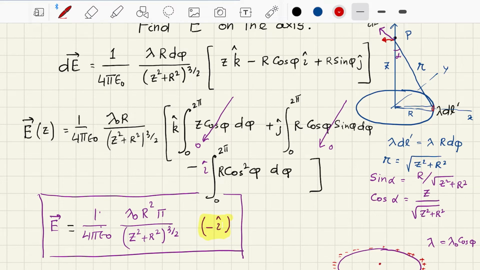Even at the center, it would have been like a dipole. One side is plus, one side is minus, so it would be pointing in this direction. So it is not surprising that even here it is pointing in this direction.